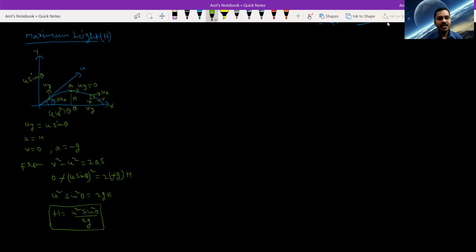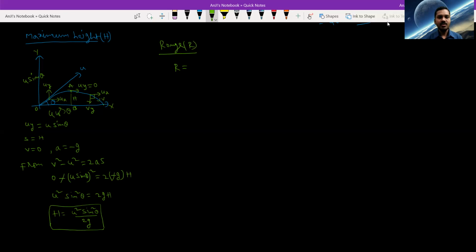Similarly, range of projectile. Range is denoted by r. Range r is nothing but the horizontal distance from point O to point x. Suppose this point is x, O to x is the horizontal distance. This horizontal distance is the range of a projectile.